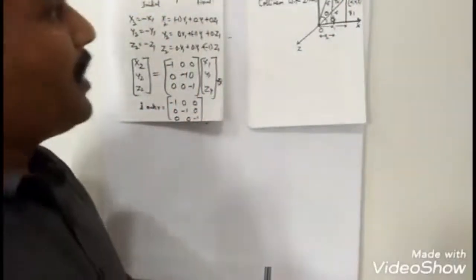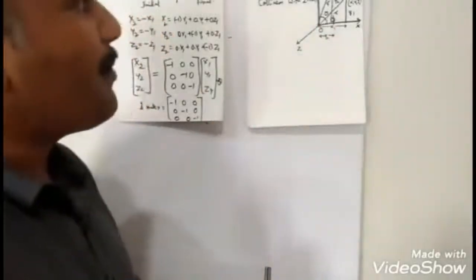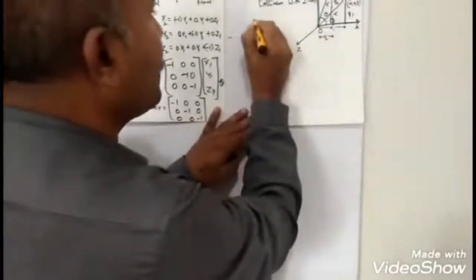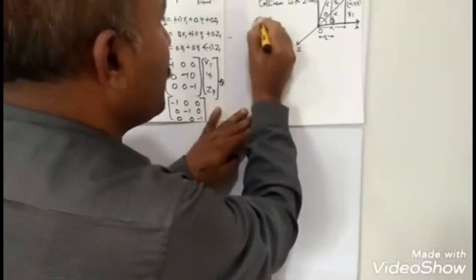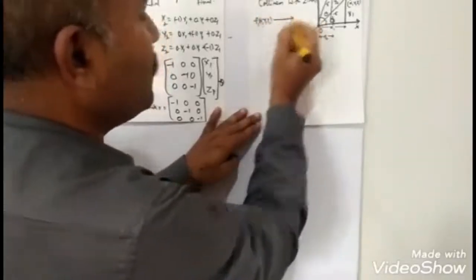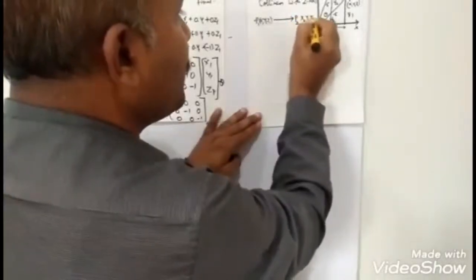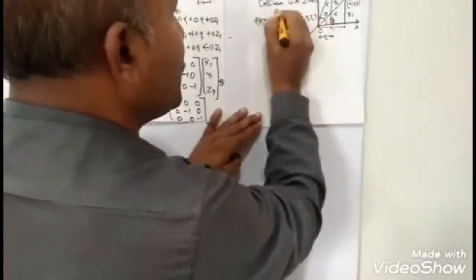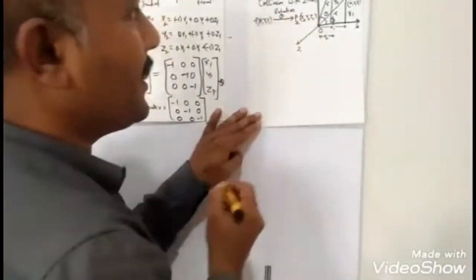So now you write the representation of the changes that happened to the point P1. Earlier the point P1 with x1, y1, z1 coordinates changes to point P2 with coordinates x2, y2, z2 by rotation by an angle theta along the z-axis.